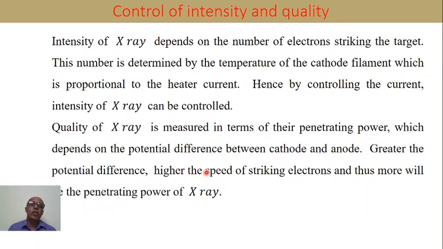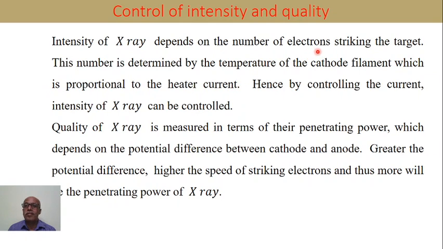Now coming to the control of intensity and quality. The intensity of X-rays depends on the number of electrons which strike the target. This number is determined by the temperature of the cathode filament, which is proportional to the heater current.